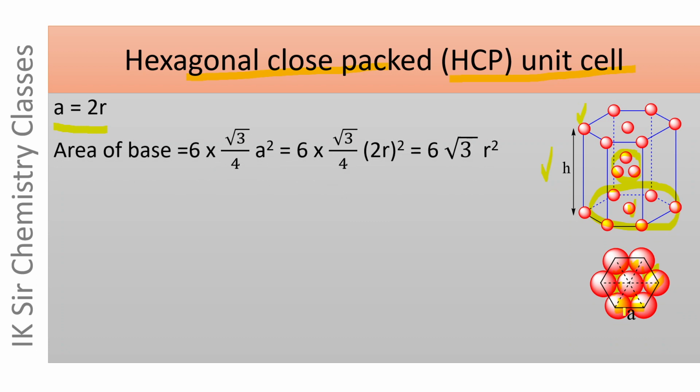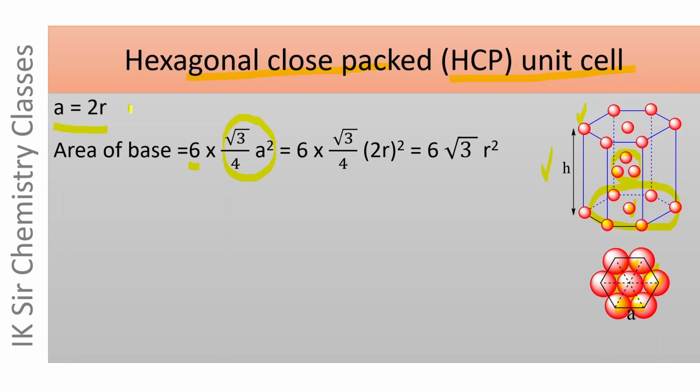Area of the base. There are 6 equilateral triangles, and hence the area of this base will be equal to 6 multiplied by the area of one equilateral triangle, which is equal to under root 3 by 4 a square.